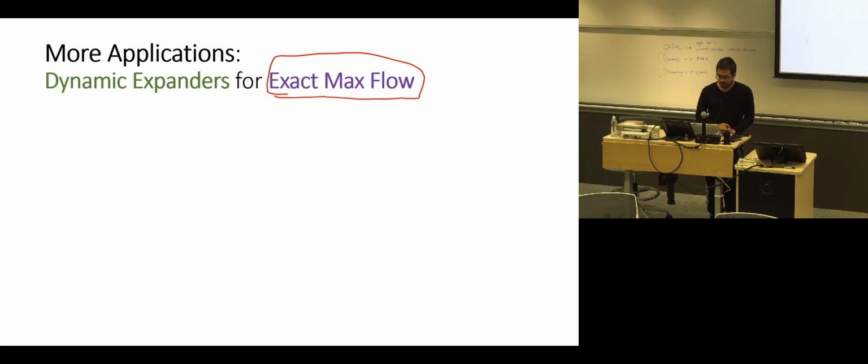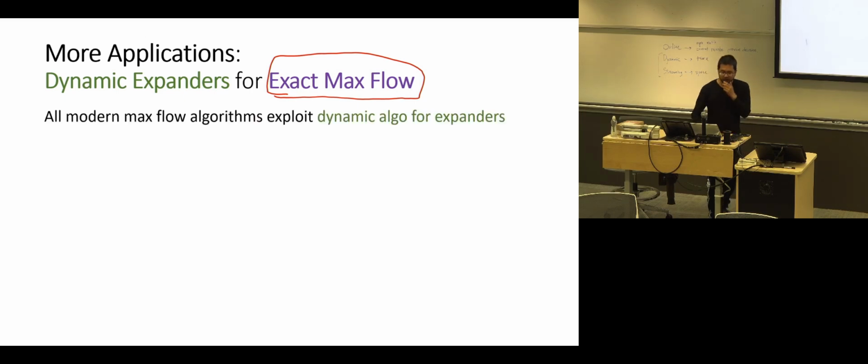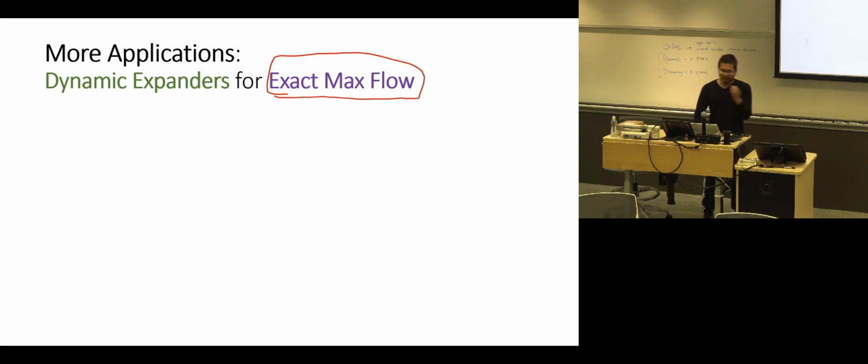Okay. So I told you that once we learned how to solve approximate max flow 10 years ago or so, it was really amazing. People celebrated. But now we know how to solve exact max flow in almost linear time. That is really big, at least to many algorithm people.